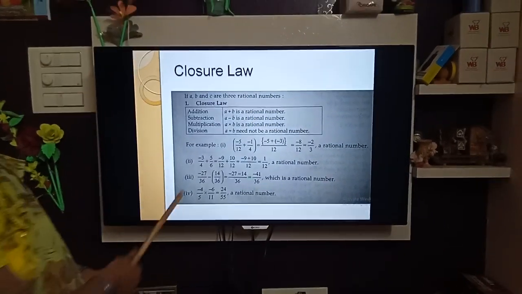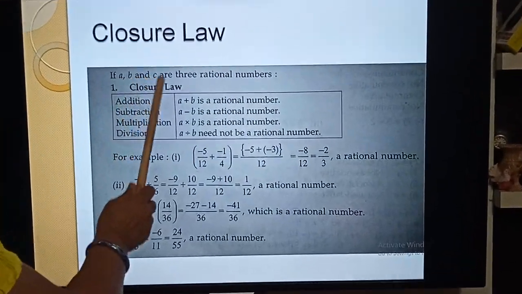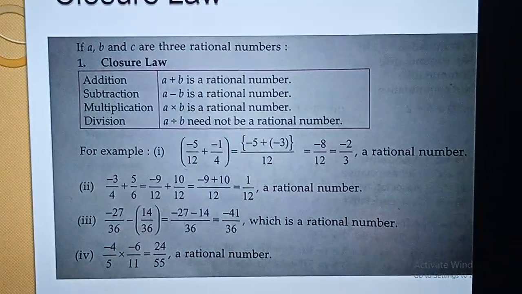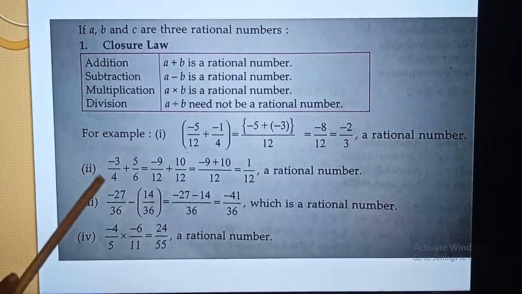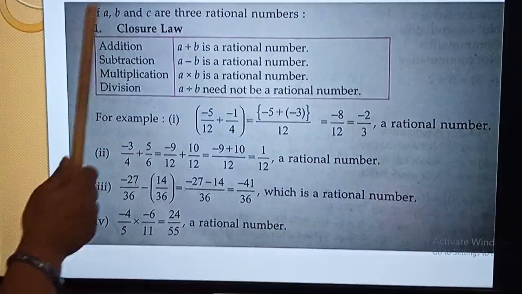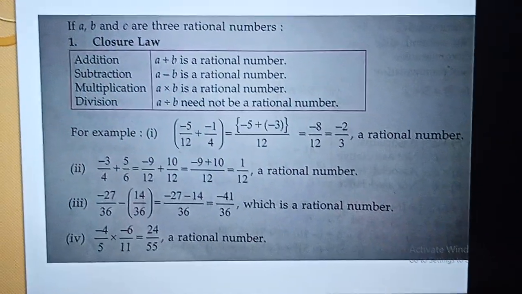So, the very first law, closure law. Here, if A, B, C are any rational numbers, let us study with some examples and we will decide whether closure law is applicable or not.